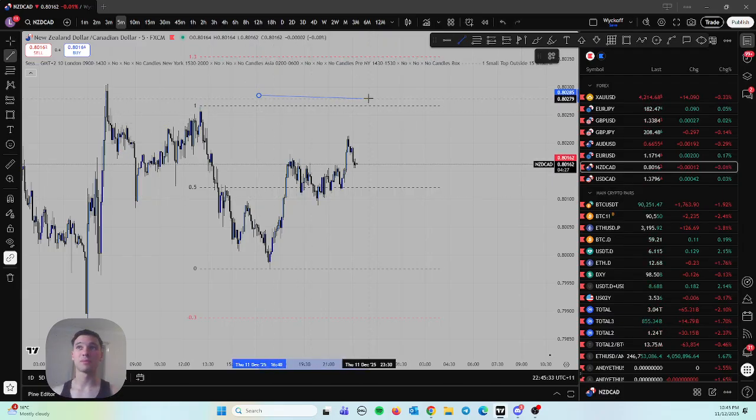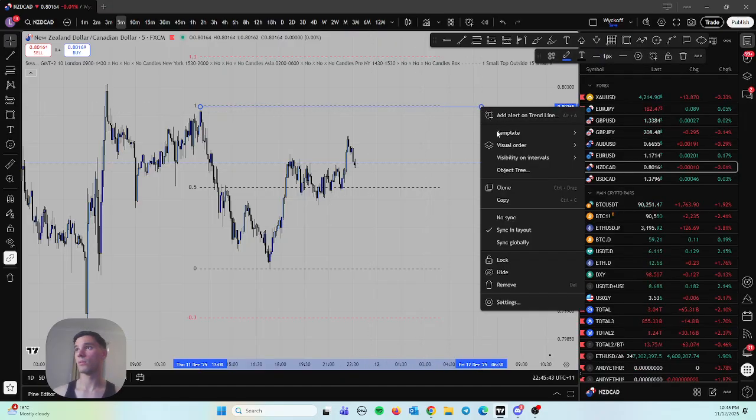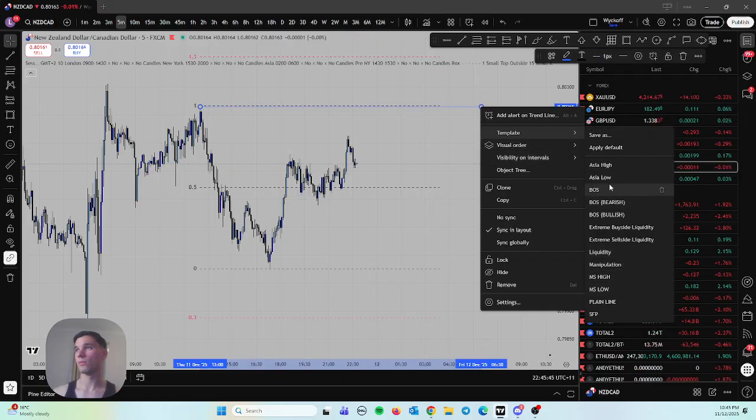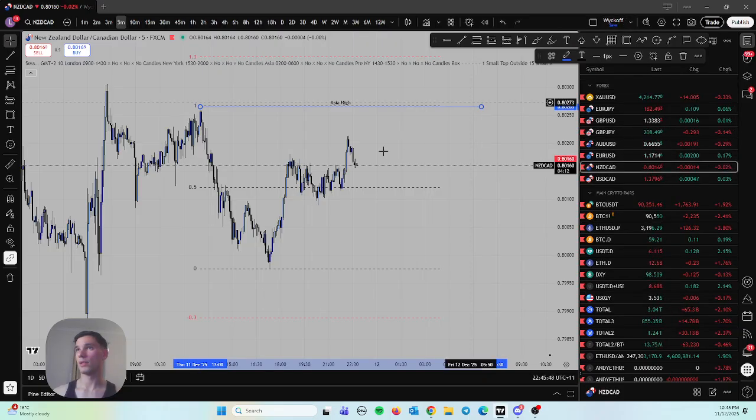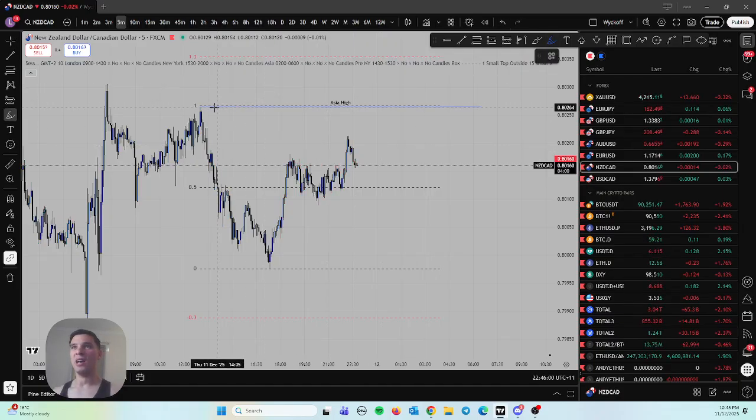Reason being, I'm not going to try to force a trade if it's not there. There's our Asia high. Asia low has been taken, that's fine. And we'll just wait for price to range. Maybe we could catch an accumulation there, or maybe distribution.